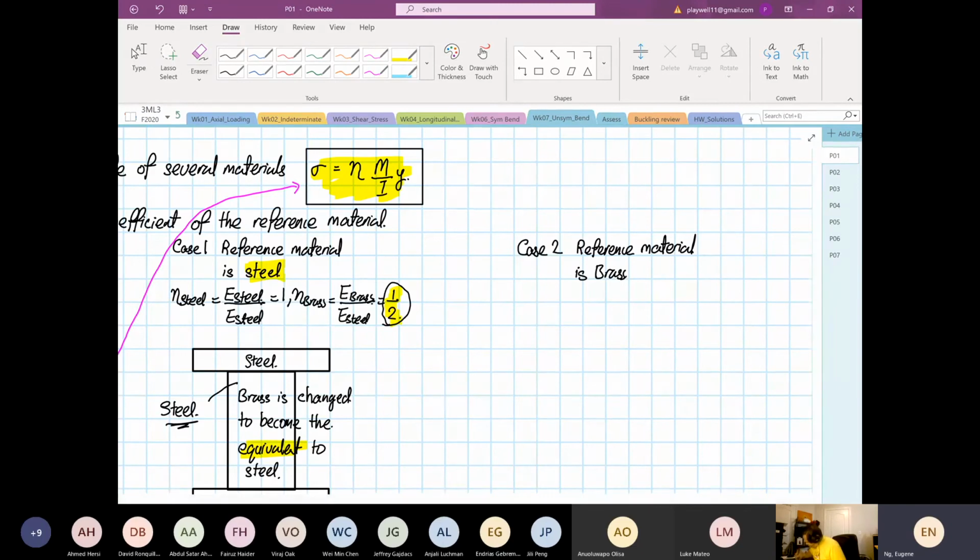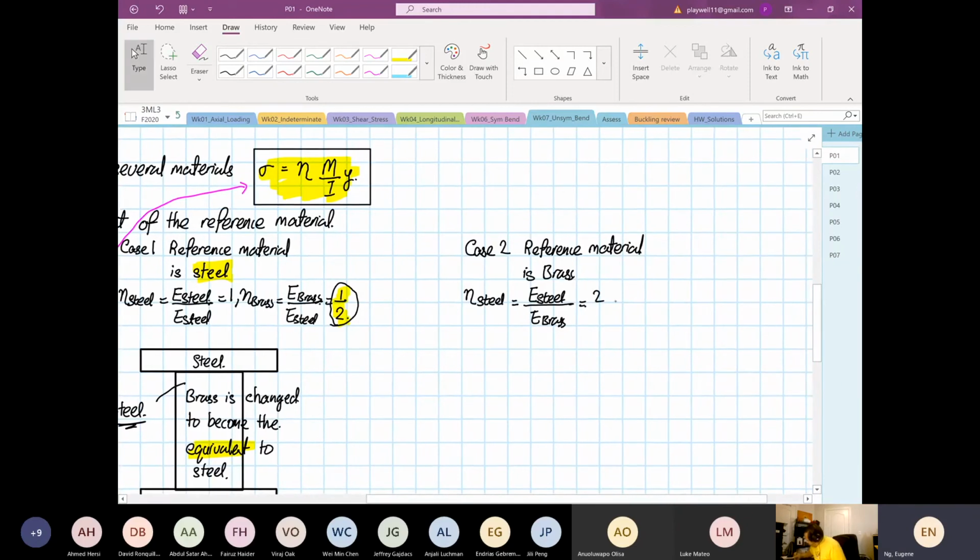So N of steel. Because brass is the reference material now, the bottom part is E of brass, so this will be equal to 2.